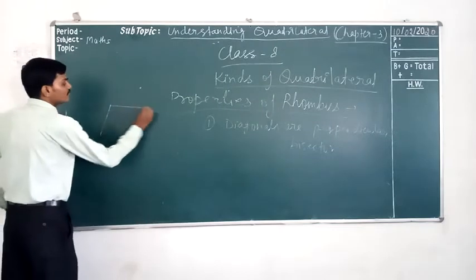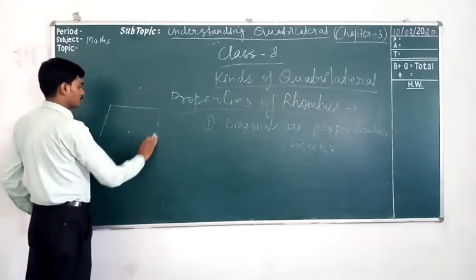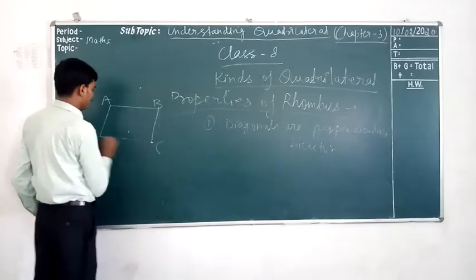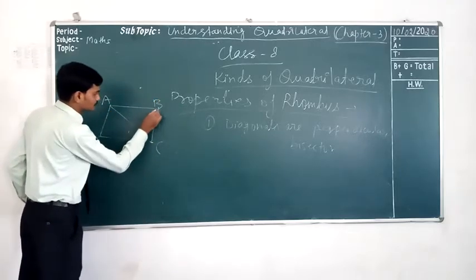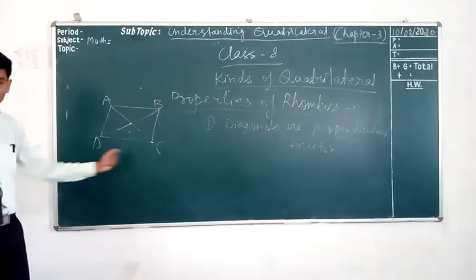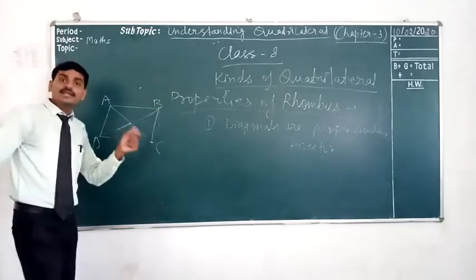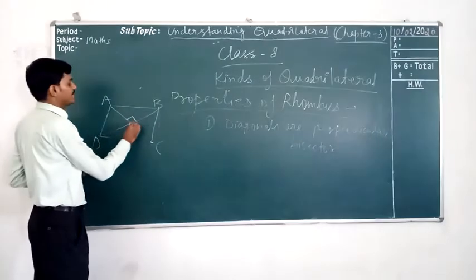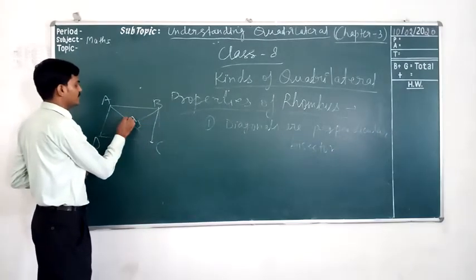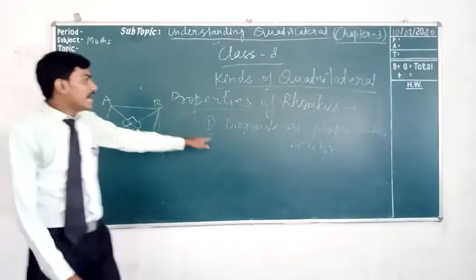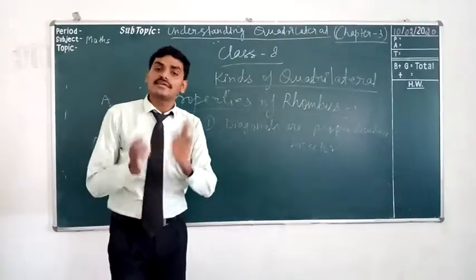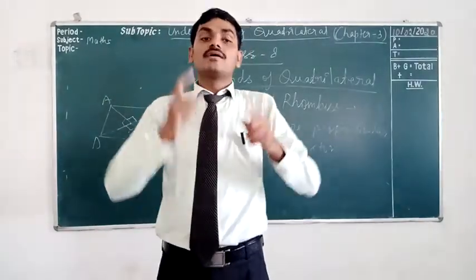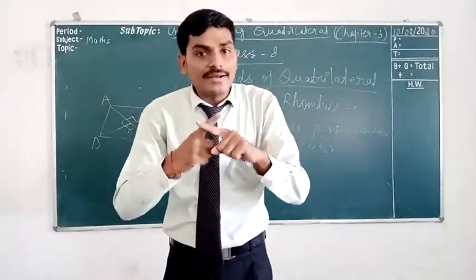If this is the rhombus ABCD, these are the two diagonals, and they cut each other at 90 degree.